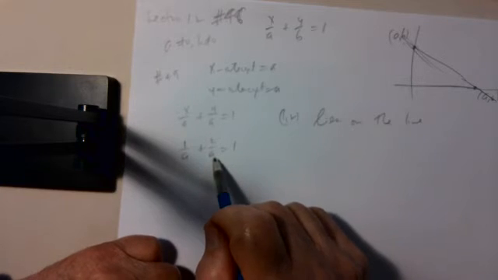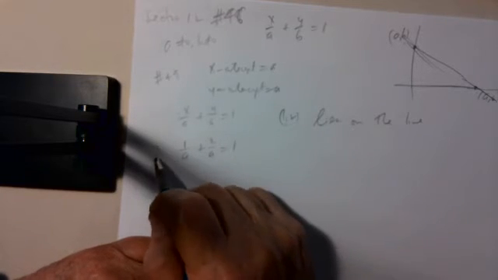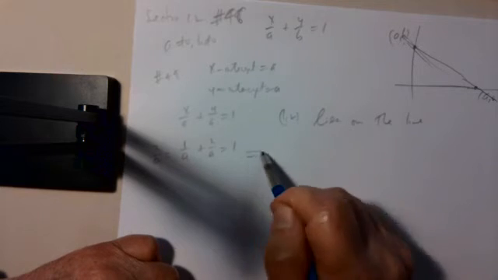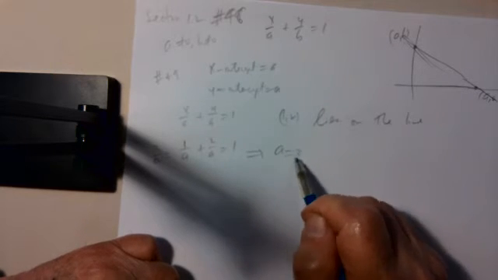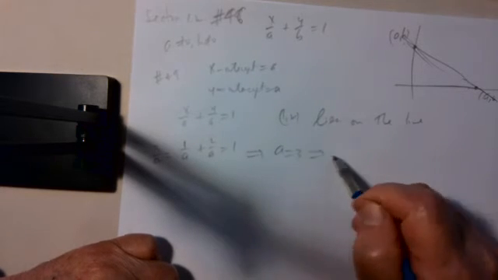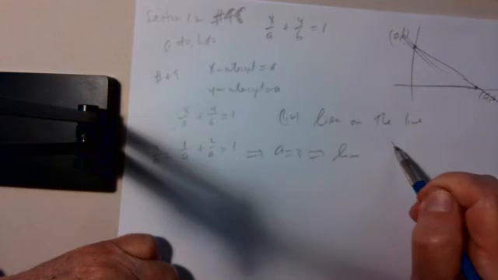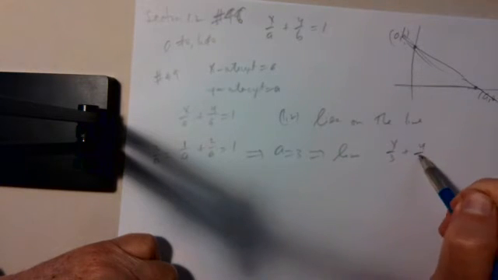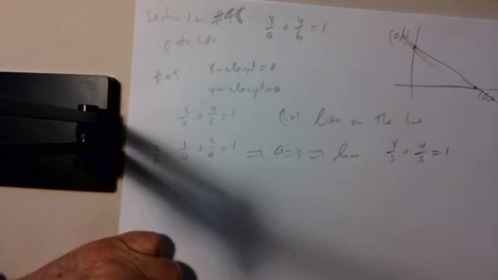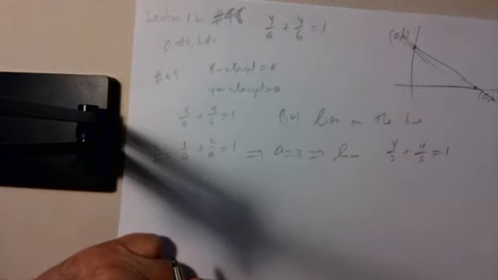But 1 over A and 2 over A, you add it up, you get 3 over A. So 3 over A is 1, so A has to be 3, which means that the line is x over 3 plus y over 3 equals 1. And that's the equation of the line.